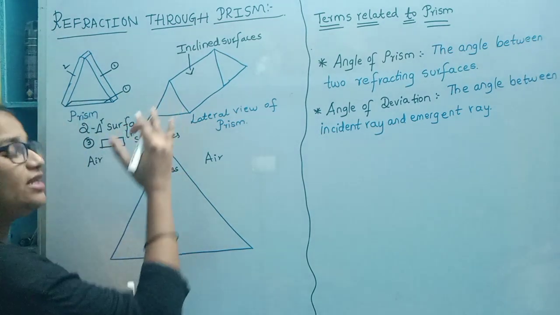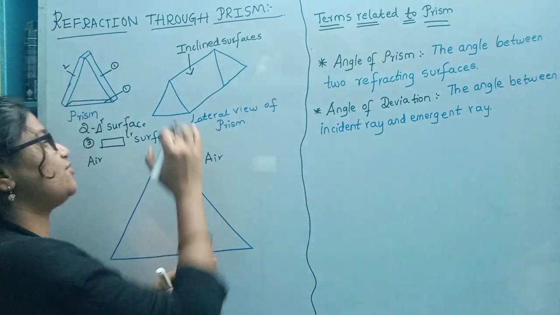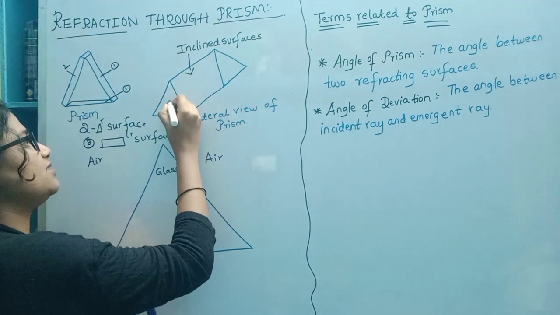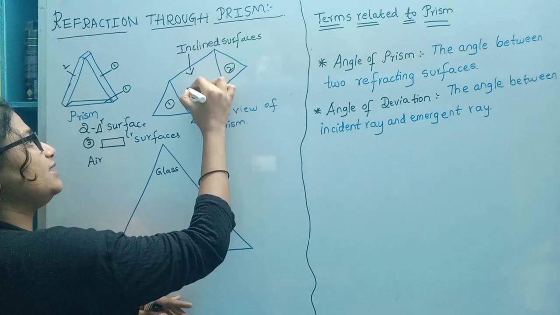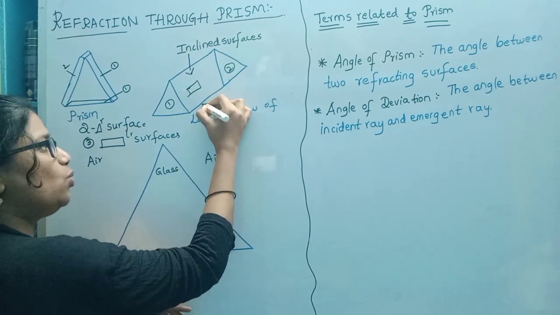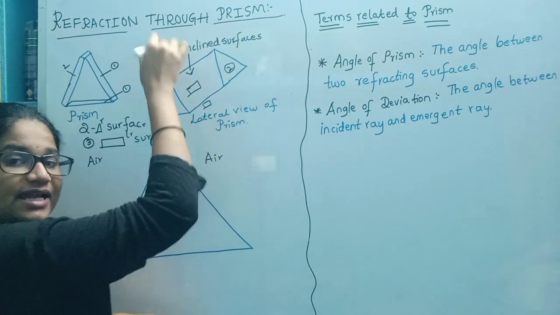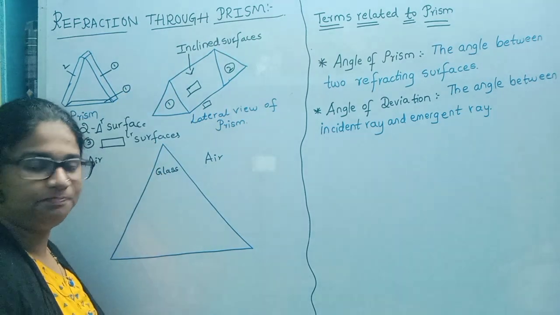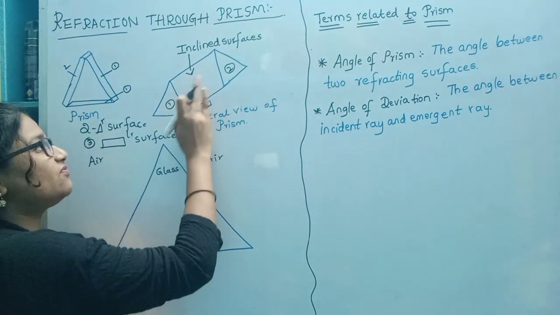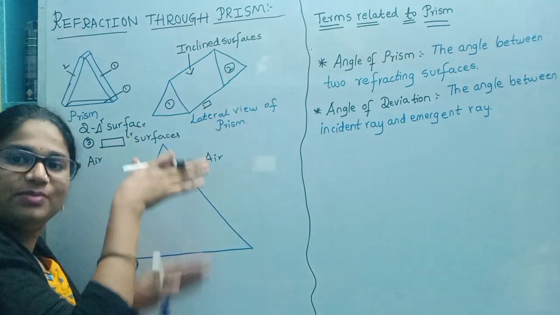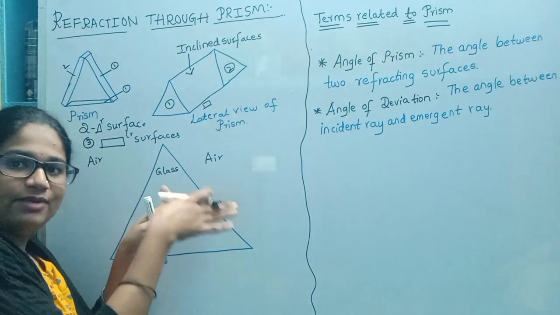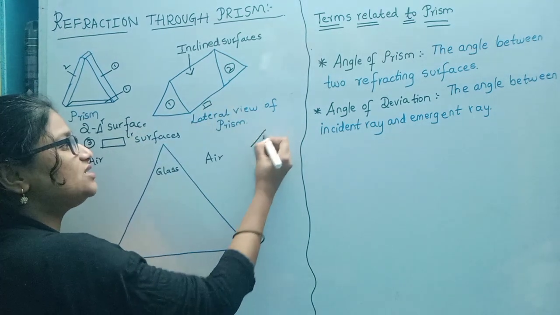When you see the side view or the lateral view, this is one triangular surface, this is the second triangular surface, here is one rectangle, one below, and one on that side. The two side rectangular surfaces will be inclined.